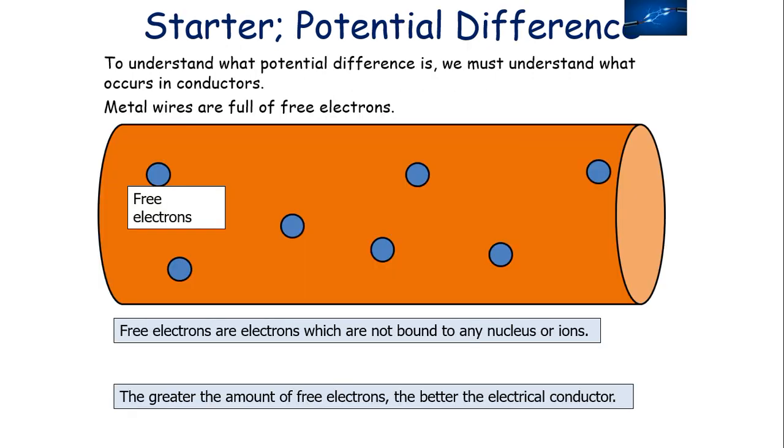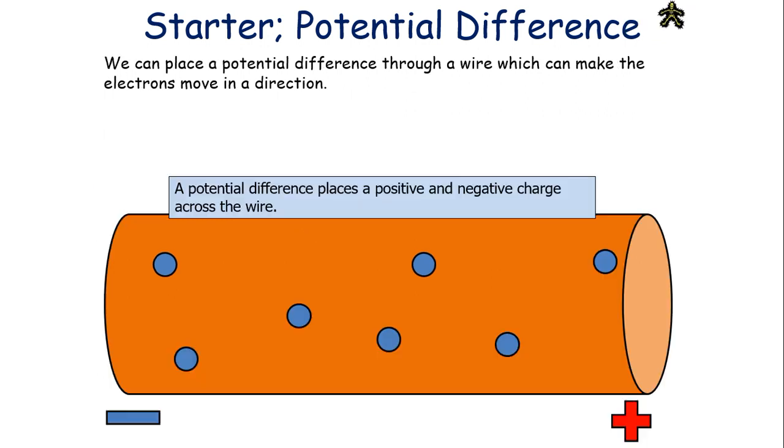Now we've looked at current, let's look at potential difference. To understand what potential difference is, we've got to understand what is in wires or conductors. Metal wires are full of delocalized or free electrons, electrons not bound to any nucleus or any ion. The greater the number of free electrons, the better the electrical conductor.